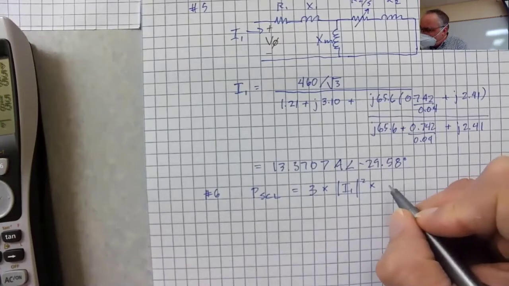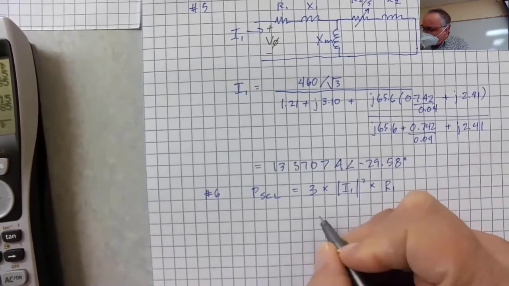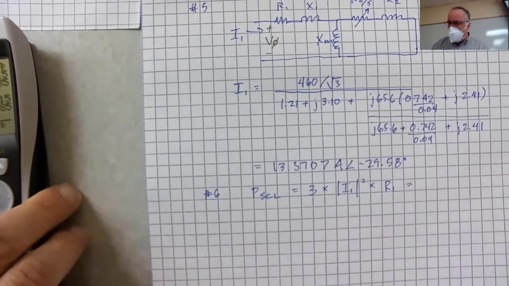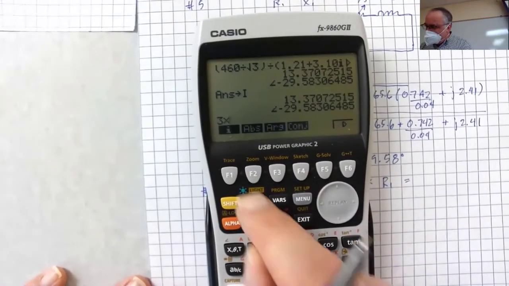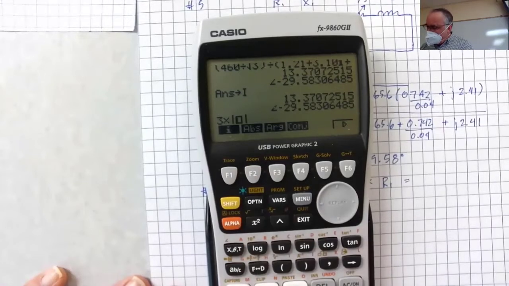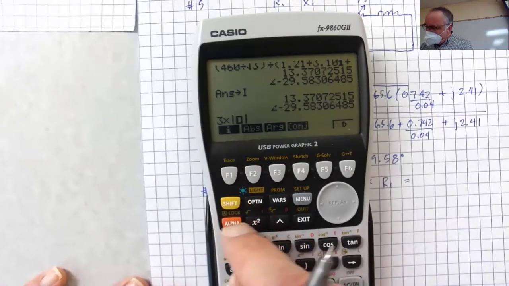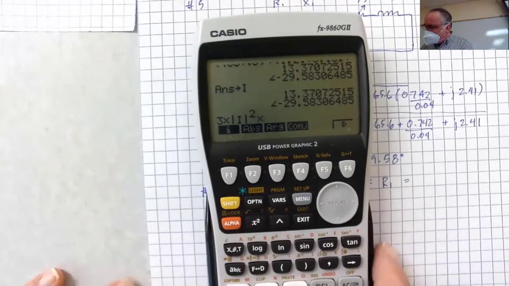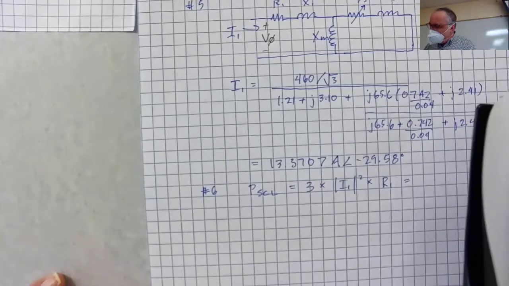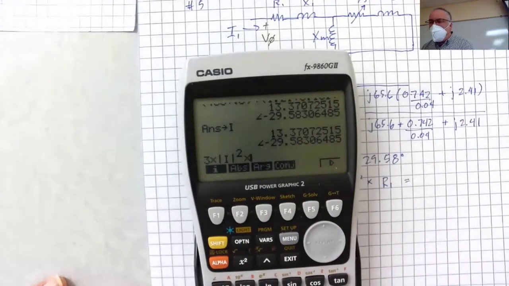And R1 was, so that's going to be 3 times the magnitude of I1, shift alpha I, squared, times 1.21.